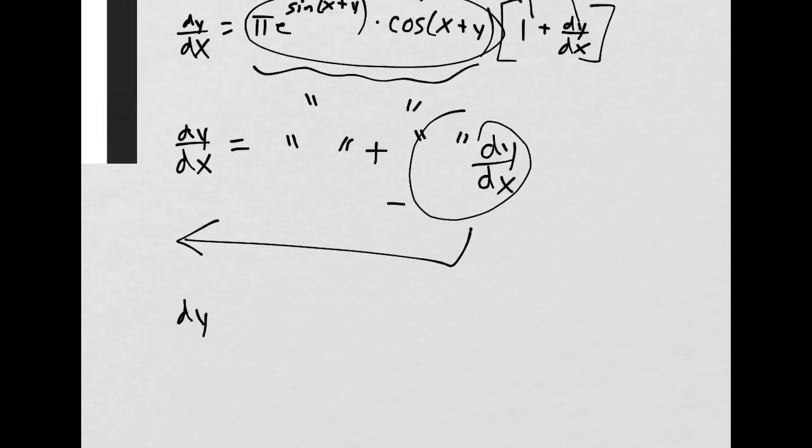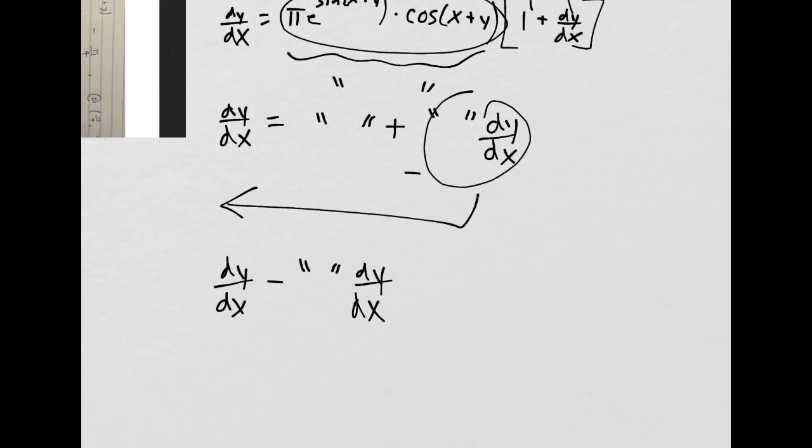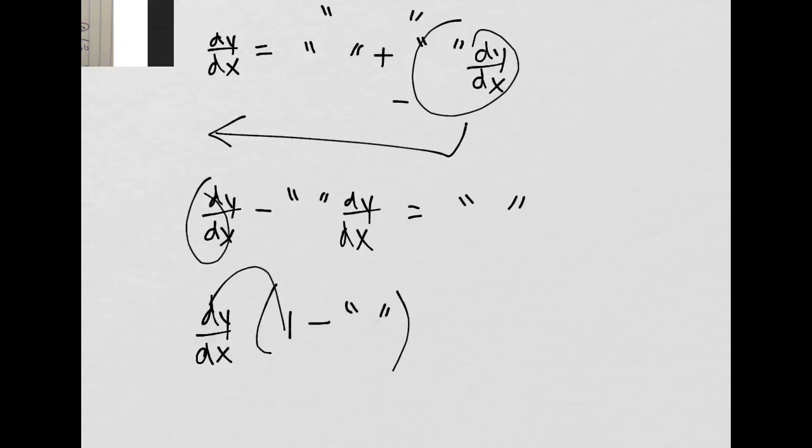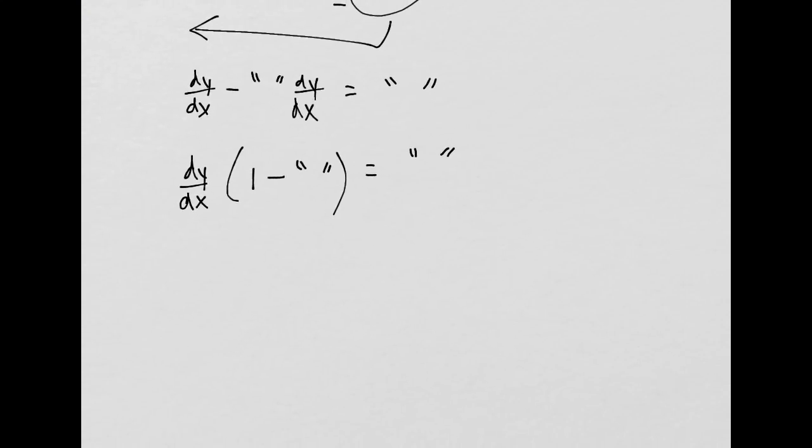So I get dy/dx minus all this junk, factor out dy/dx, and what do I get? I get dy/dx times 1 minus all that stuff, right? Because if I multiply this in, I get that part, and if I multiply it over there, I get that part. So, there we go, equals all of this.